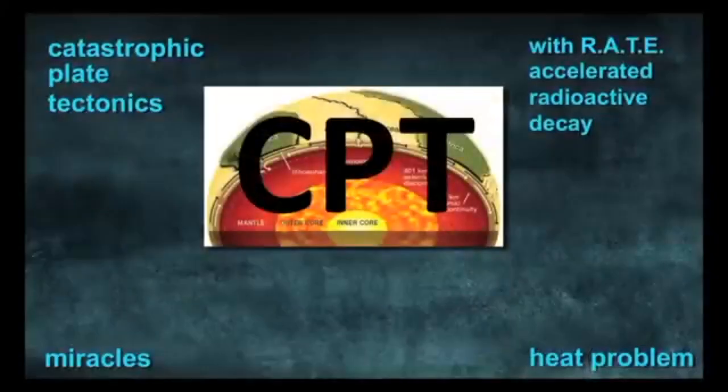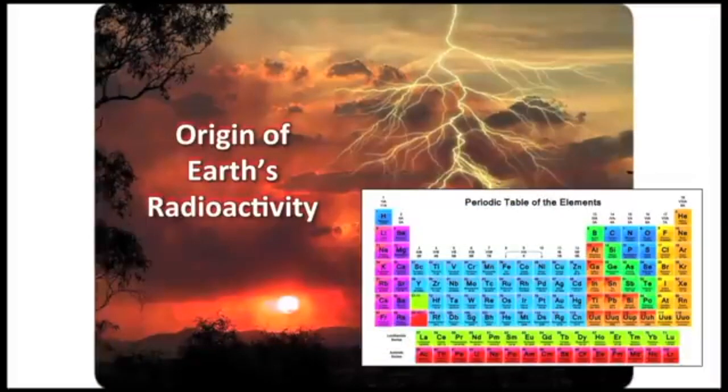So you take all that radioactive decay that the RATE team and CPT think they have a problem with, and most of it went into the creation of Earth's radioactivity. The heavy elements were made with that heat energy. There's more to the story, of course.